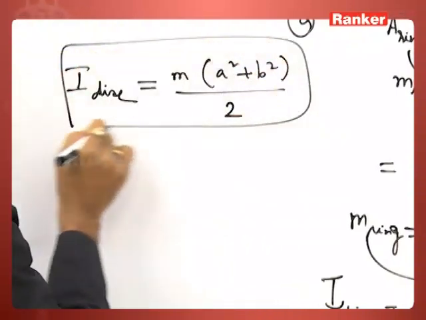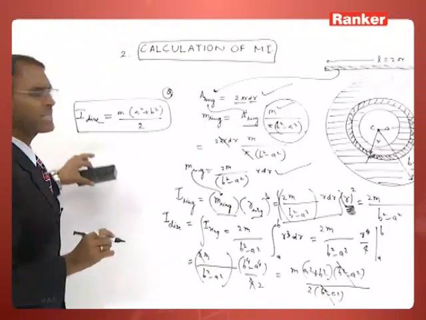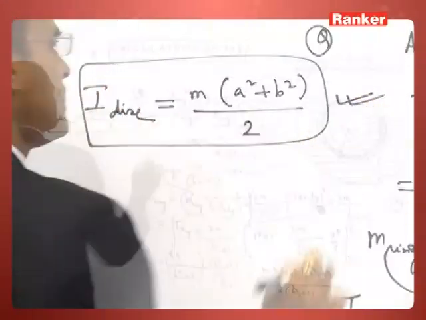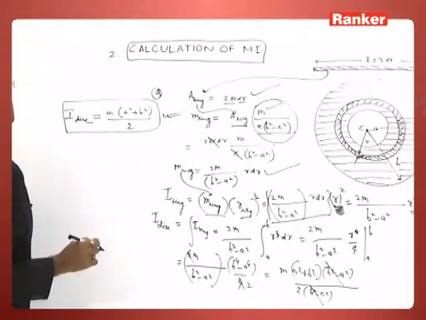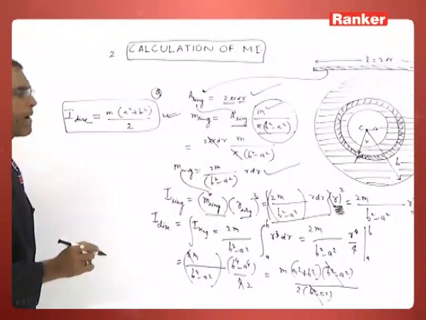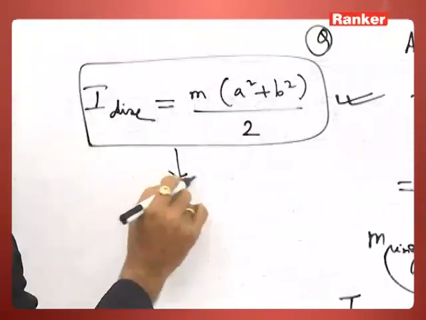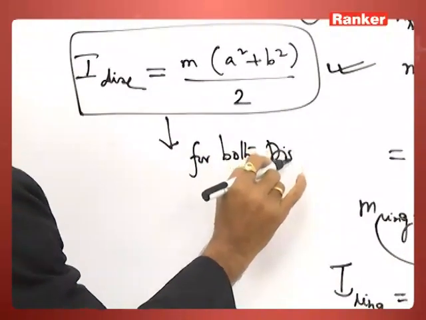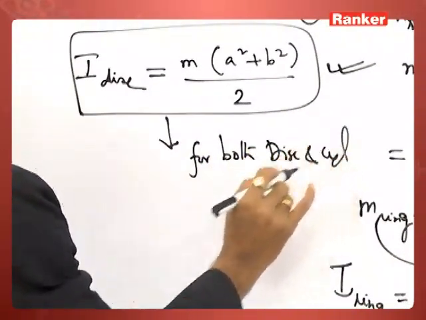This is the formula. It may be a disk, it may be a cylinder. About this z axis, this is the formula for the moment of inertia, valid for both disk and cylinder.